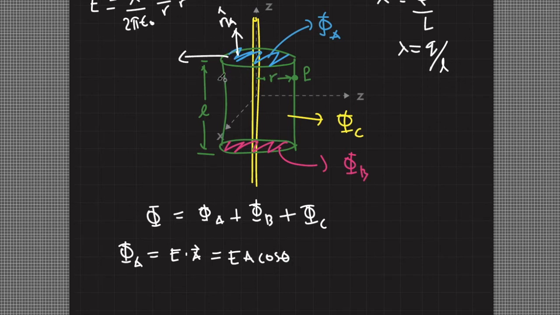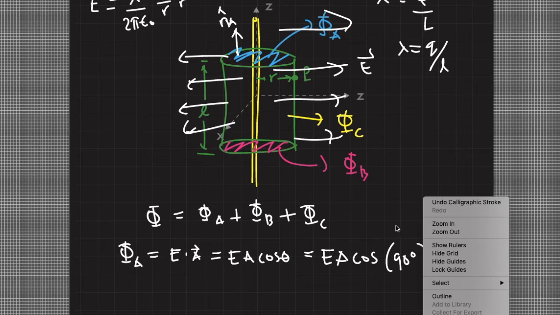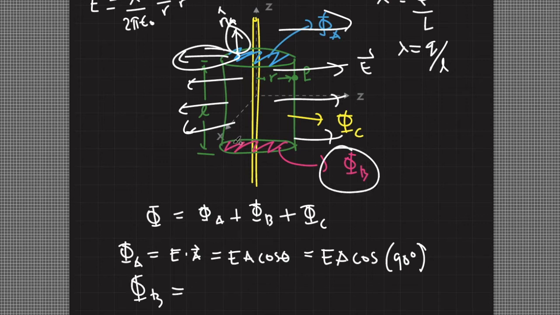Remember that the electric field lines coming from the wire are radially outward. Therefore, this is equal to EA cosine 90 degrees, because the area vector is perpendicular to the electric field lines. The same goes for area B. So the flux on area A and area B are both equal to 0.